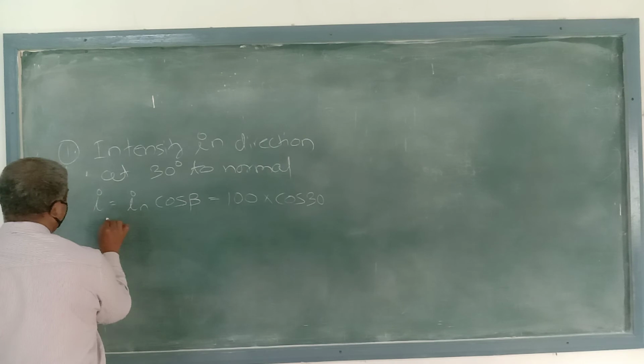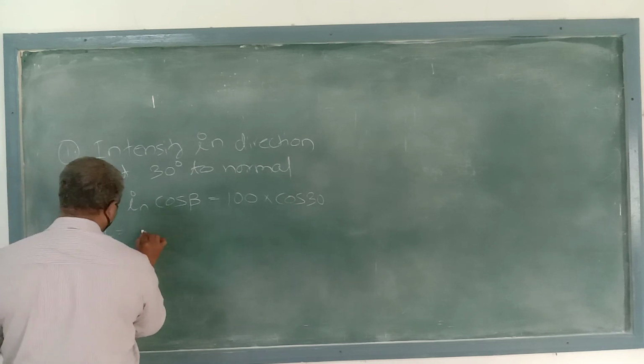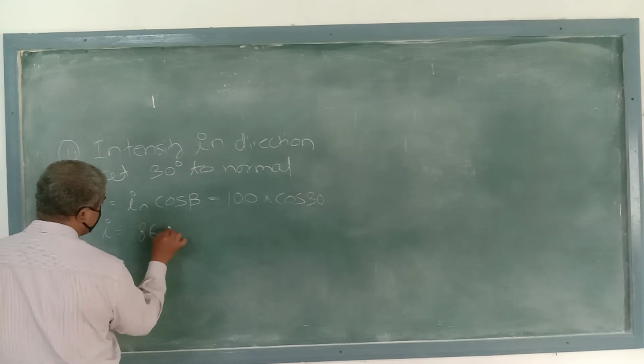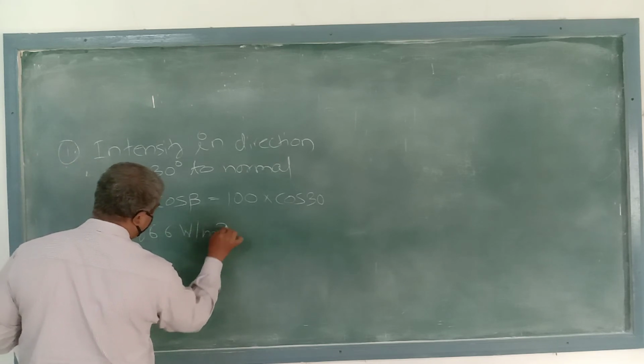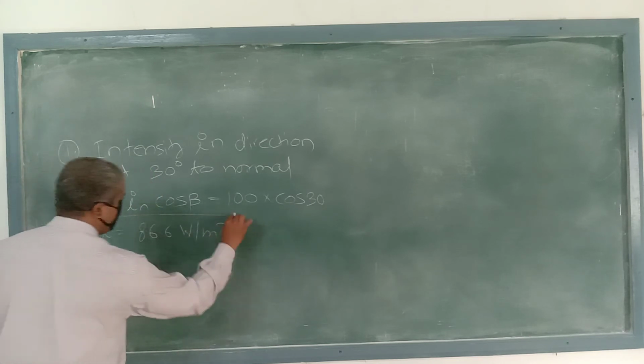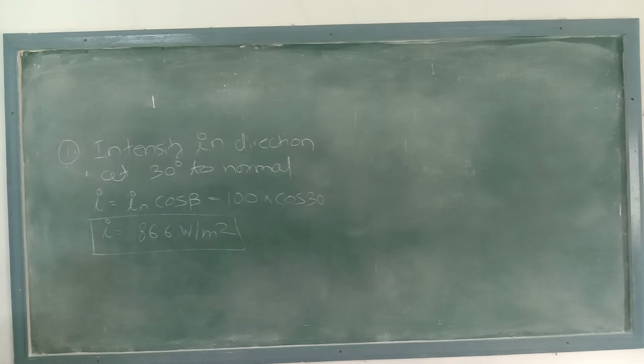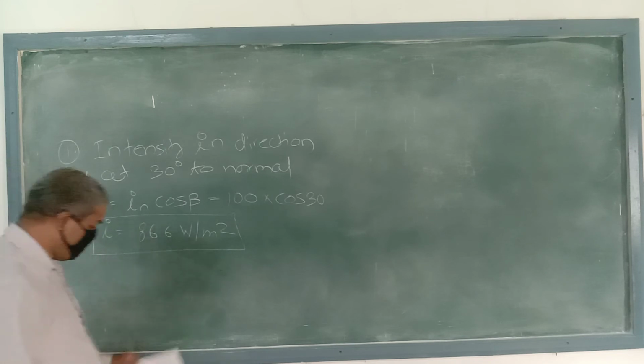So while solving, we are getting 86.6 watt per meter square. So this is the intensity in direction at 30 degree to the normal.